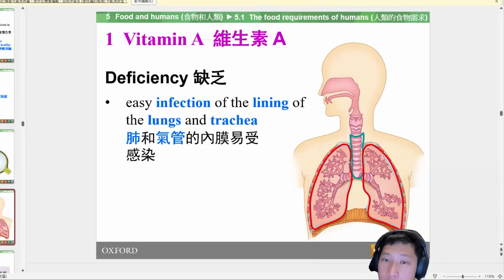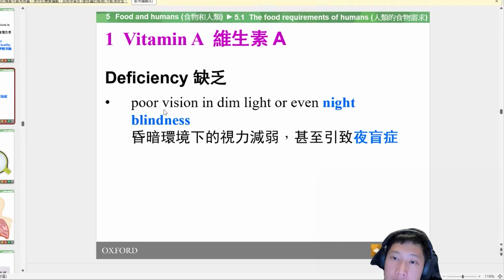If we lack vitamin A, it may easily cause infection of the lining in the lungs and also the trachea. So eating vitamin A can help us in three things, but most importantly, it will help us prevent night blindness.